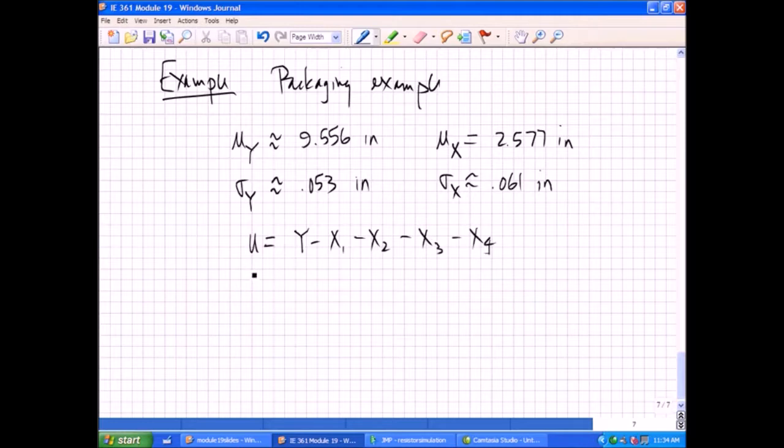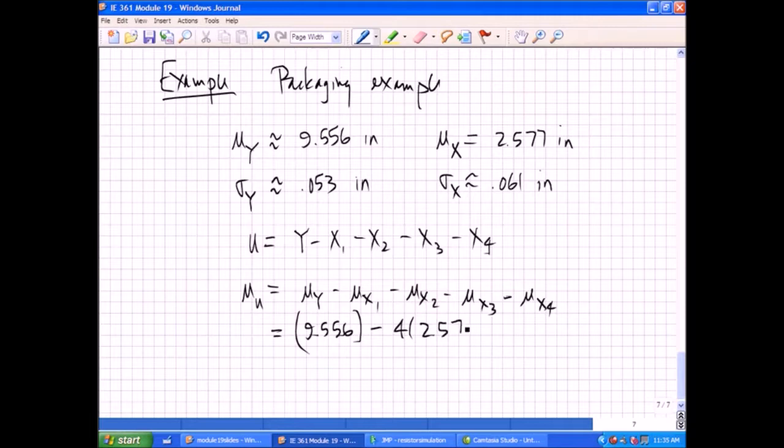And that tells us, using the stat 231 result, that the mean for U is mean for Y minus mean for X1 minus mean for X2 minus mean for X3 minus mean for X4, and that is 9.556 minus 4 times 2.577, and that is on the order of minus 0.752 inches. That is, there's a negative average head space.